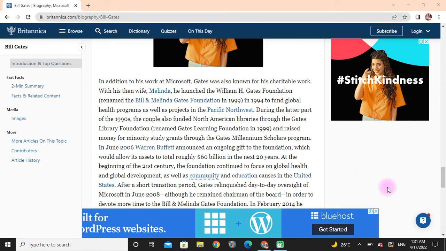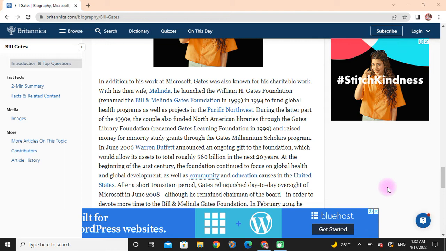In addition to his work at Microsoft, Gates was also known for his philanthropic work with his then wife. He launched the William H. Gates Foundation, renamed the Bill and Melinda Gates Foundation in 1999, in 1994 to fund global health programs as well as other projects.